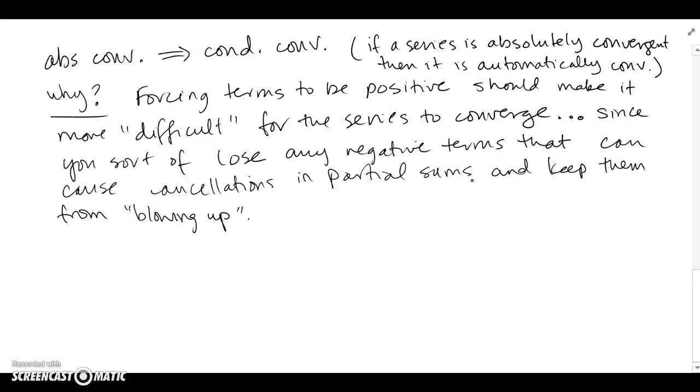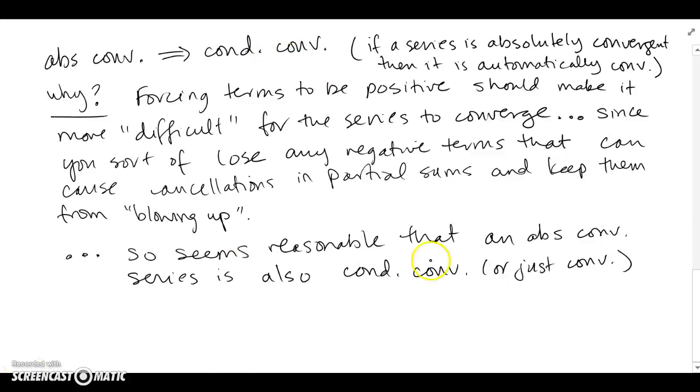So if you can show absolute convergence, then that's really stronger, and in a sense, this other guy may come there for free. So it may seem reasonable that an absolutely convergent series is also conditionally convergent, or just convergent as we call them, and as we've called them up to this point.